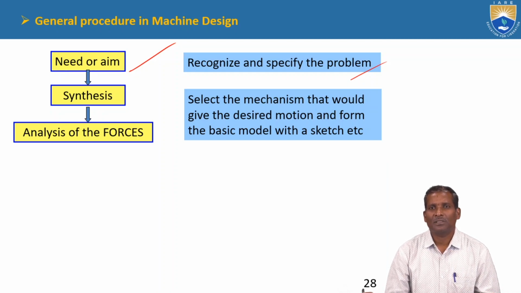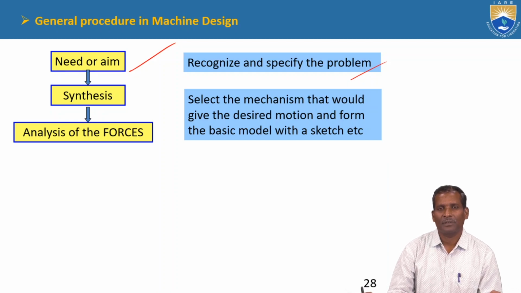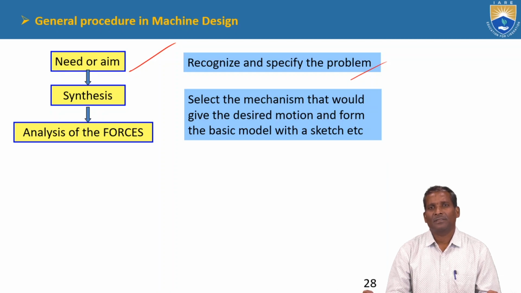Which type of forces act on that piston? Identify. One is thrust force, another is the combustion or gas force, and inertia force. All these forces will act on that particular piston. So analyze.